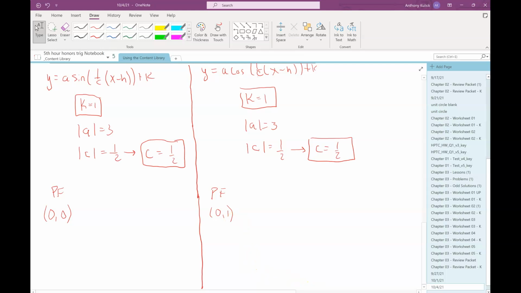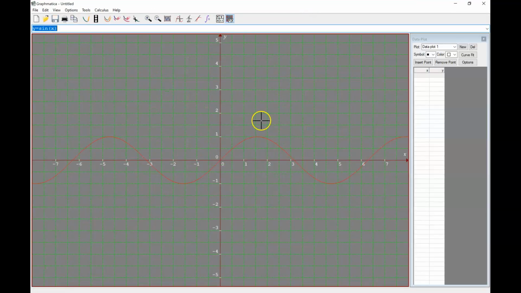Now, if I take a look at the graph of sine, just pull it up real quick. So (0, 0) is here. That's a midline point, but there are actually two different kinds of midline points.